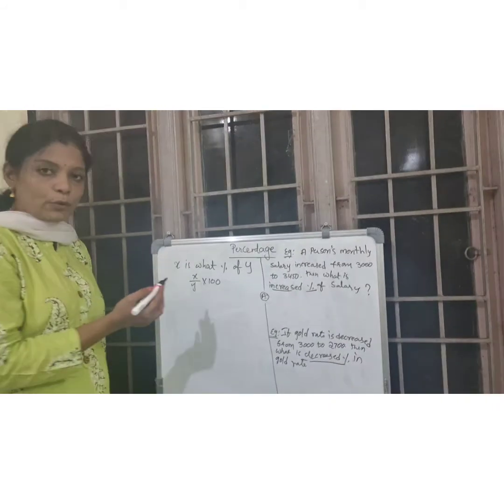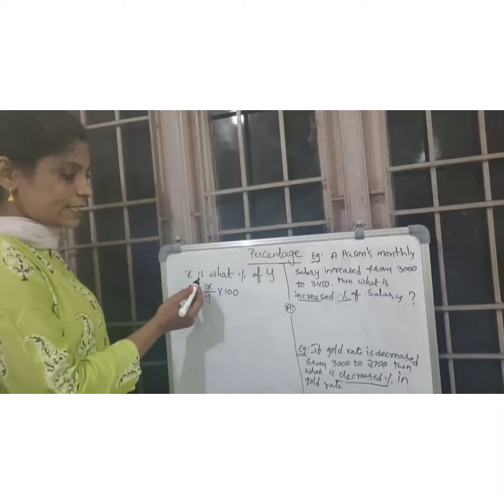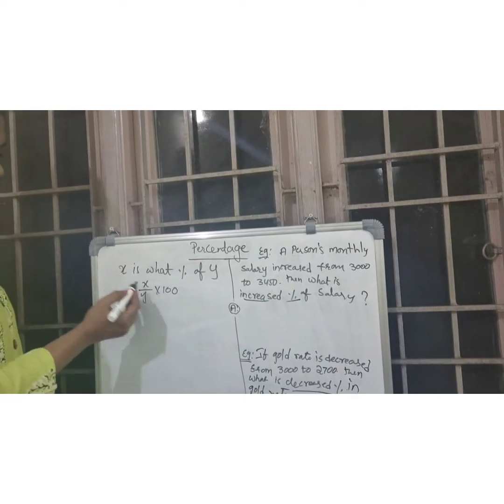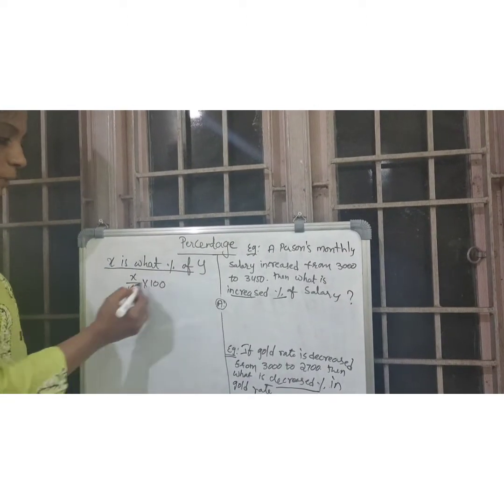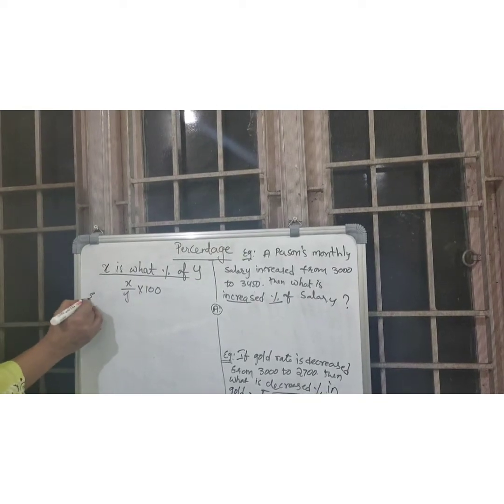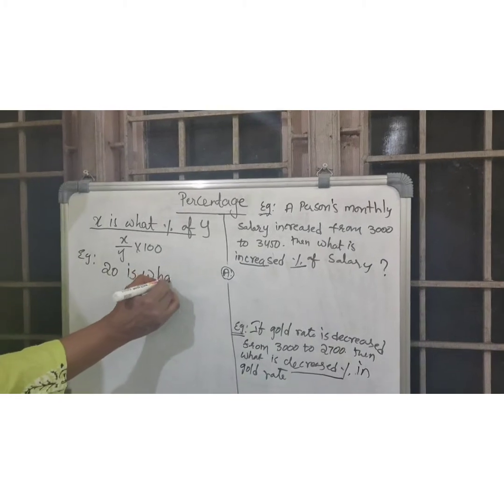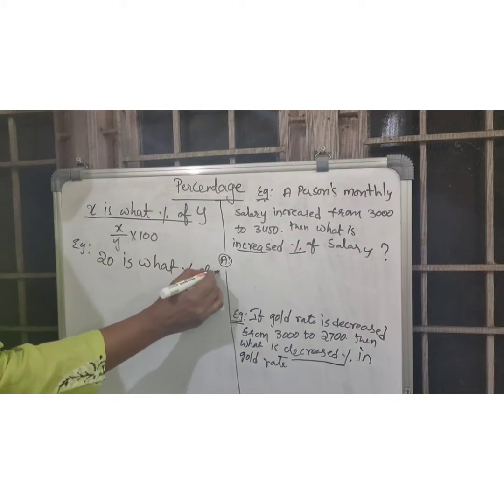The other type of problems may be in this form: x is what percentage of y? That is x by y into 100. Such problems can be solved by using this formula. For example, 20 is what percentage of 60?